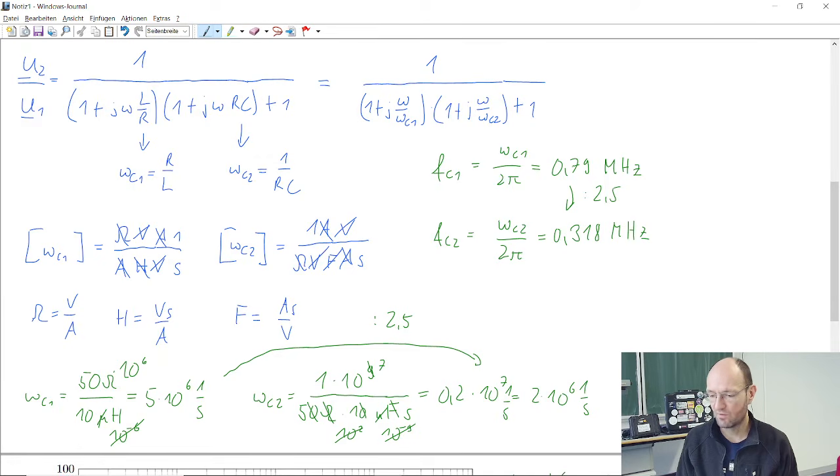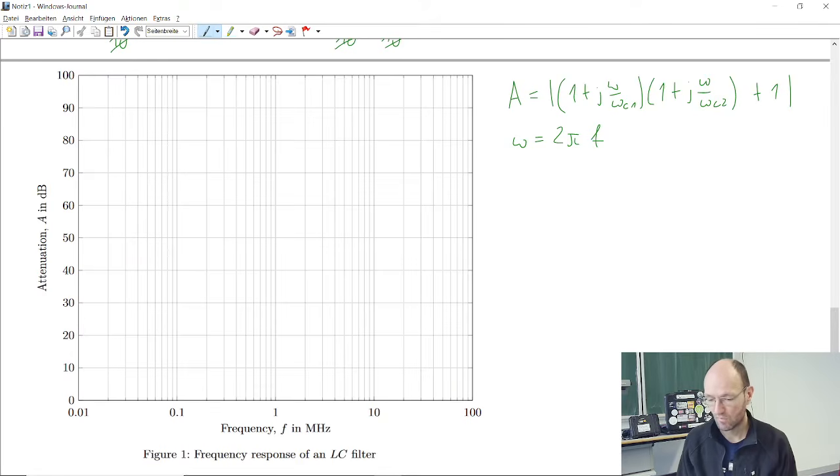So these two corner frequencies, let's say 0.8 and 0.3 megahertz, are somewhere here in this range, somewhere around the 1 megahertz here in the center of this diagram.